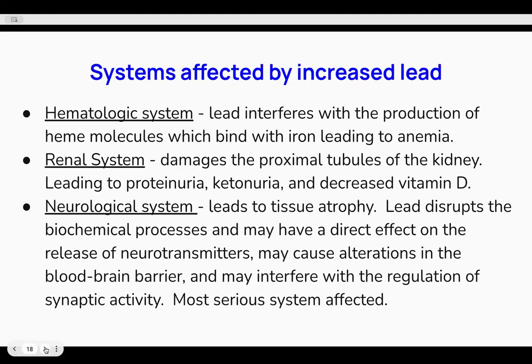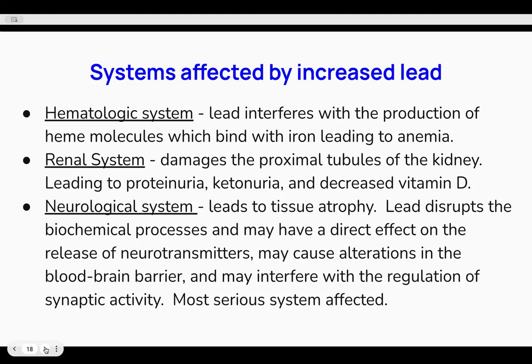Systems affected by increased lead. The hematologic system: it interferes with the production of heme molecules, which are what bind the iron, and this leads to anemia. The renal system: damage to the proximal tubules of the kidney can occur, and this can lead to proteinuria, ketonuria, and decreased vitamin D. And then the neurological system is affected, and this will lead to tissue atrophy.